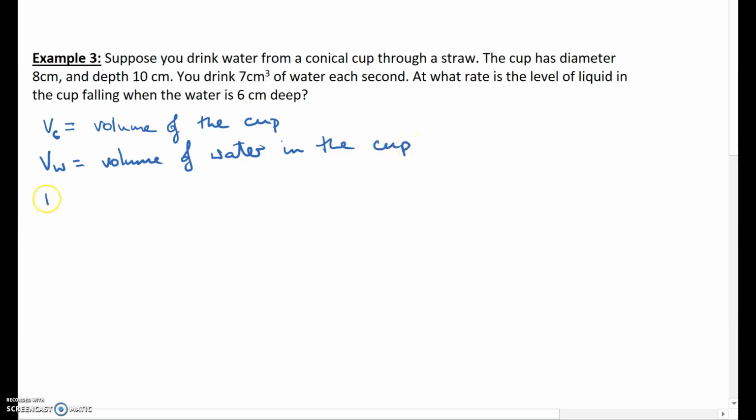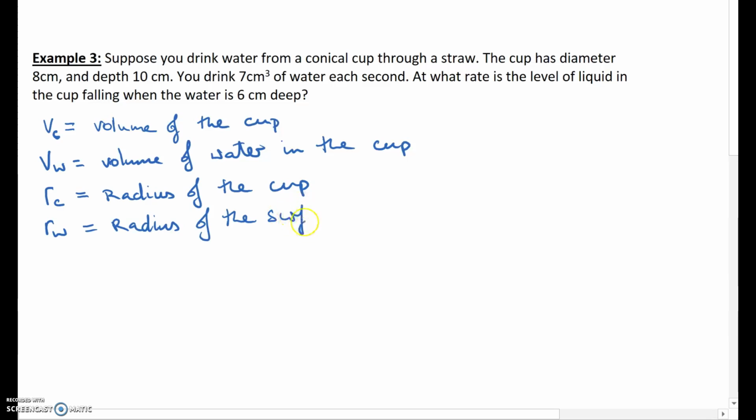Let's also say that RC is the radius of the cup, and RW is the radius of the surface of the water in the cup.